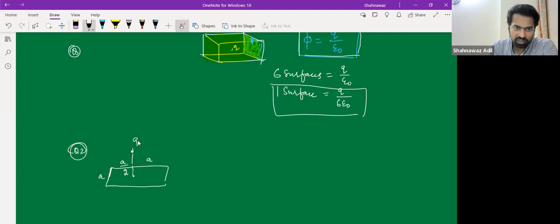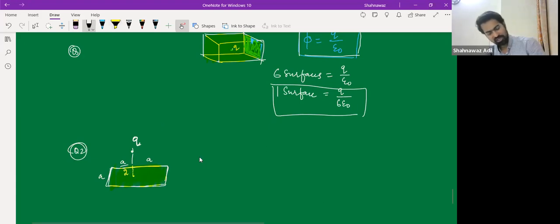So the charge is placed here, A by 2 distance from this surface, and we want to calculate the flux through this surface. Okay, is this question clear to you guys?